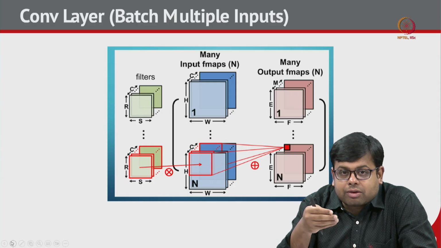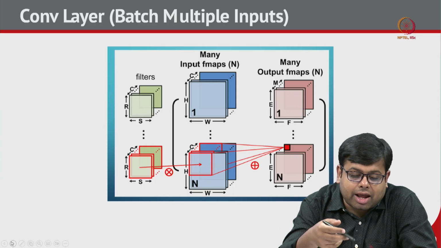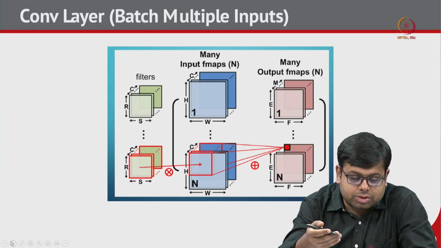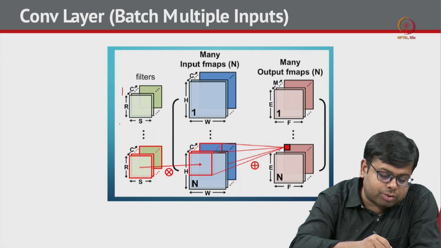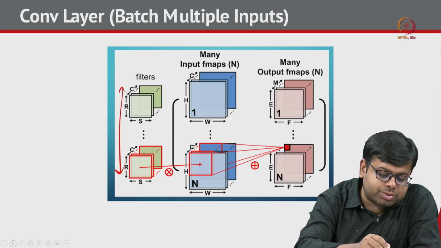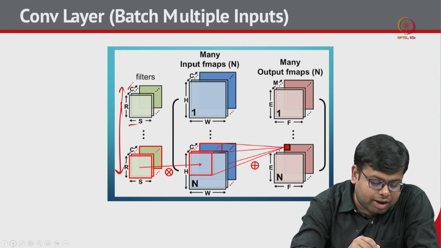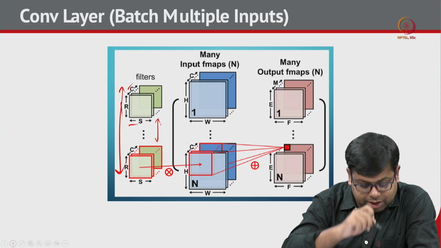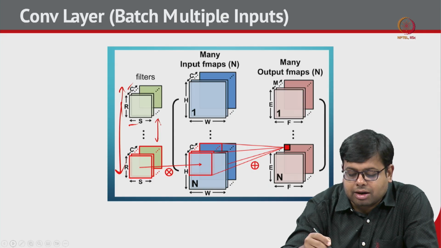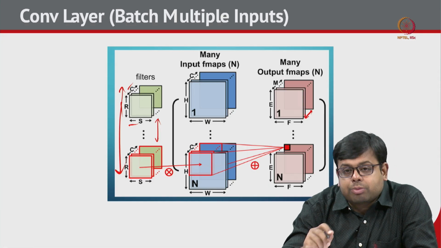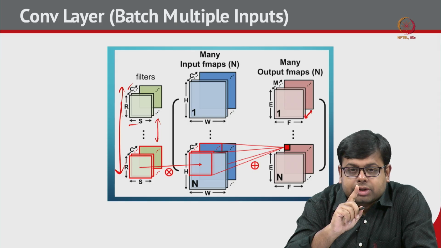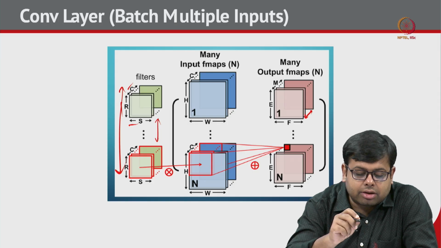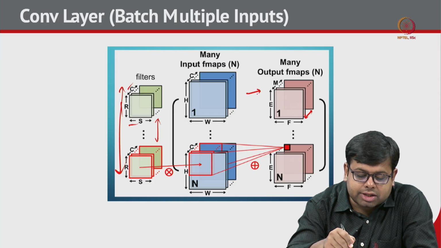In a convolutional layer also we can batch multiple inputs. This part we already saw: each filter is of size r by s by c, and then we have m of these filters. That number of filters dictates the number of channels in the output feature map. Now from each input we will get one output feature map.